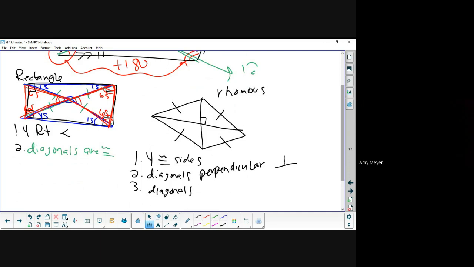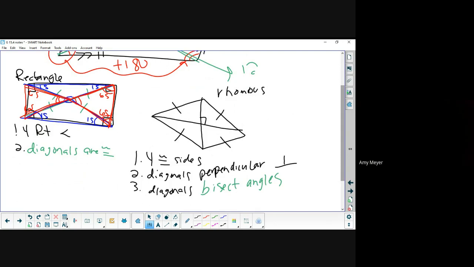Last property, we've never had this before. It sounds confusing, but it's going to be really helpful in finding things. Kind of like this, how things just kept matching up and you got a bunch of answers all at one time. This is going to help you with that. Diagonals bisect angles. Bisect, prefix by 2.